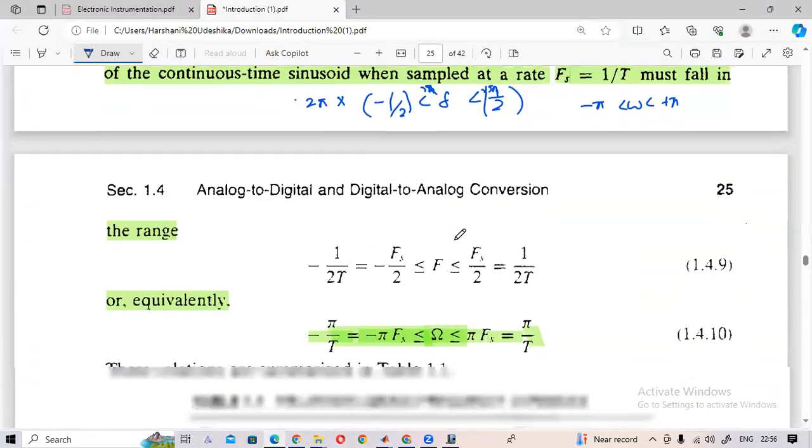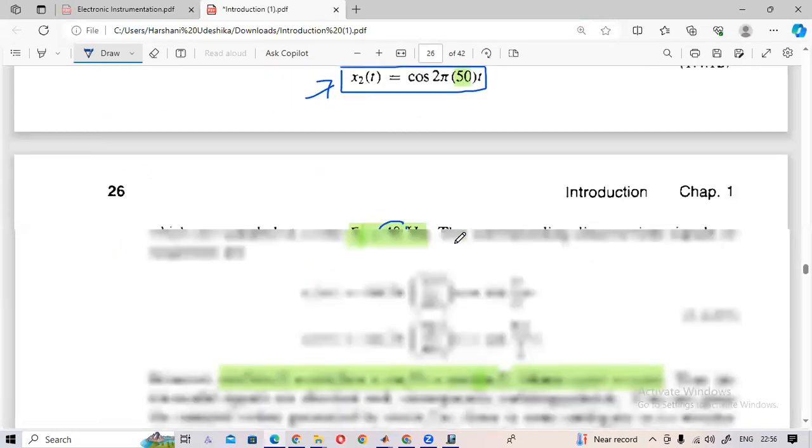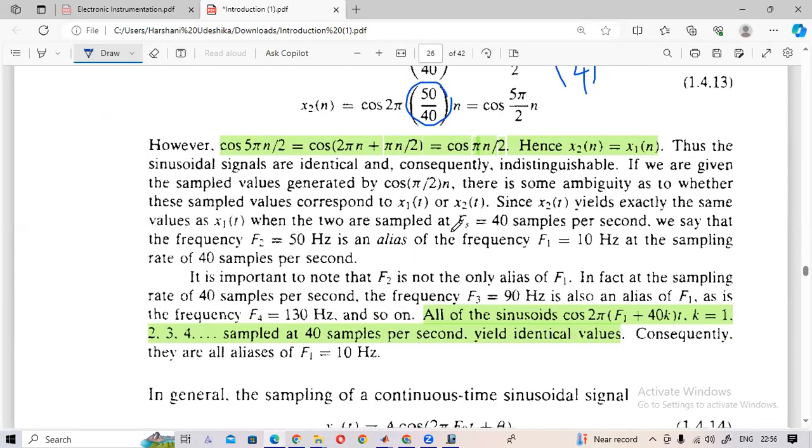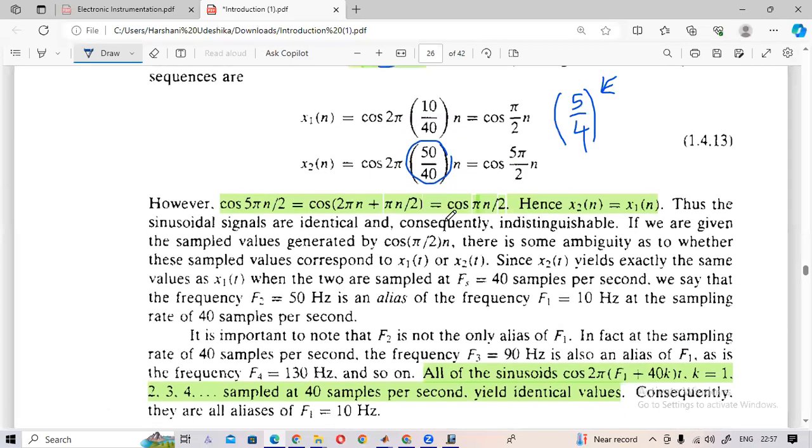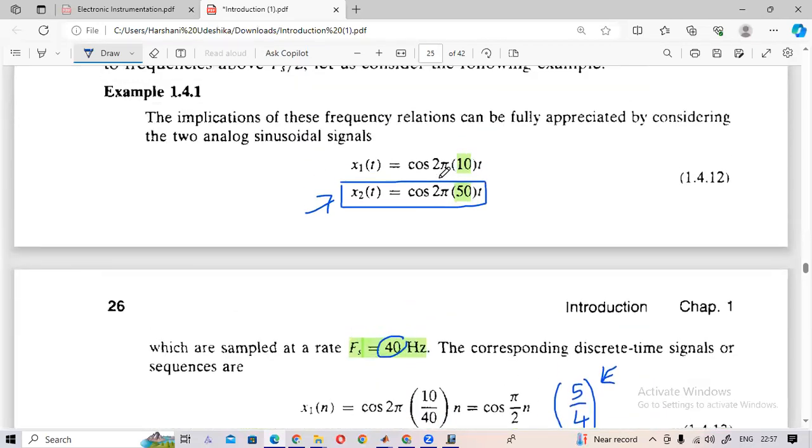Now you can read the story here. The story says that you are going to sample this signal of 10 hertz at 40 hertz. So once you sample it at 40 hertz, what do you get? It will be cos 2π 10 t.